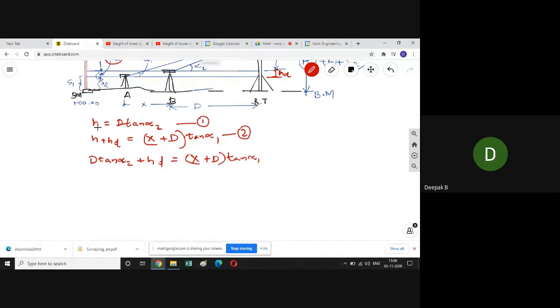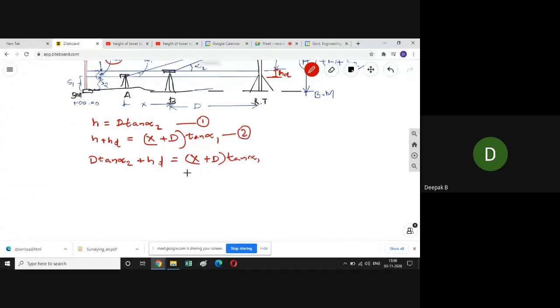The H in the first equation and the H in the second equation are the same. So I took the value of H from the first equation and substituted it in equation 2. So what did I get? I modified the equation as D tan alpha 2 plus HD equal to X plus D tan alpha 1.